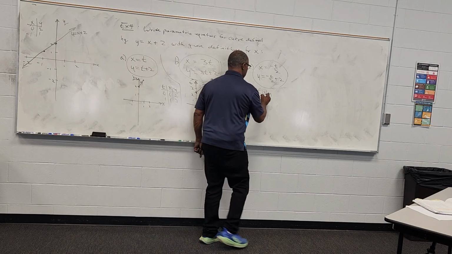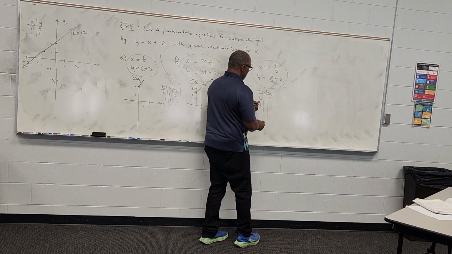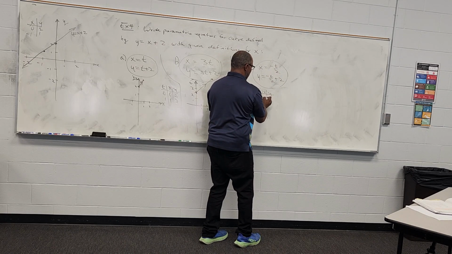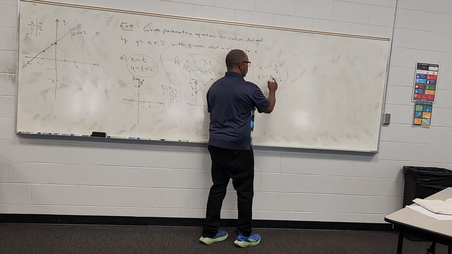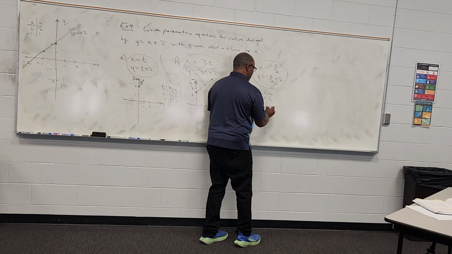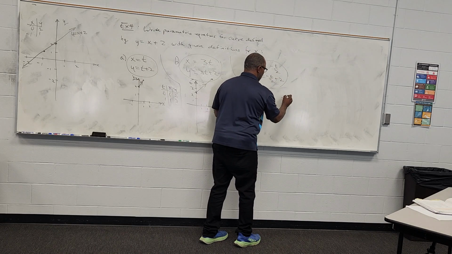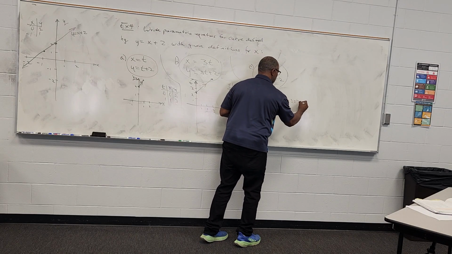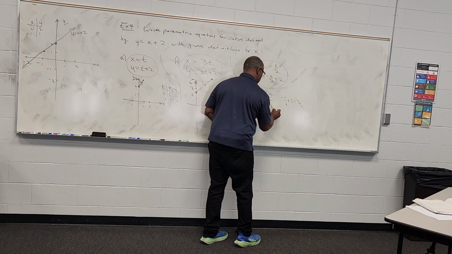Let's check this one, 0 and 1. When t is 0, 0 over 2 makes x equals 0, and 0 plus 2 makes y 2. When t is 1, negative 1 half is x, and y is negative 1 half plus 2, that's 3 halves.